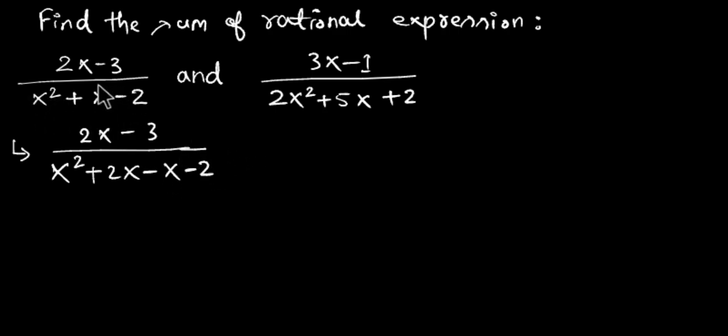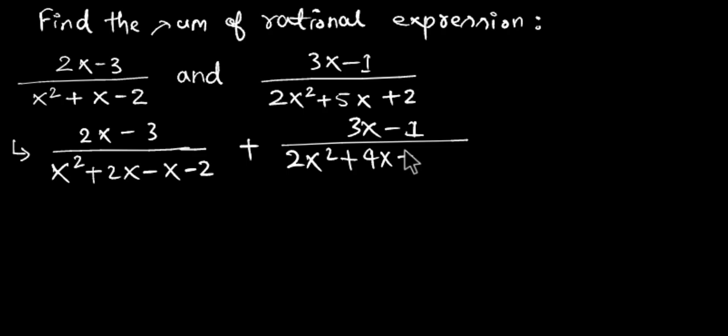This is a quadratic polynomial, and I can change it into its factors in this manner. Plus (3x minus 1) divided by 2x square plus 5x plus 2. How can we write this term? We can write it as 2x square plus 4x plus x plus 2.